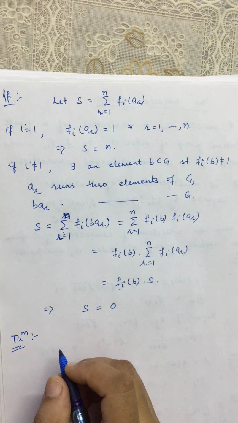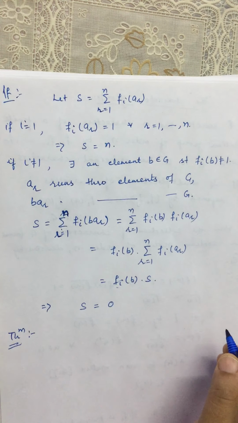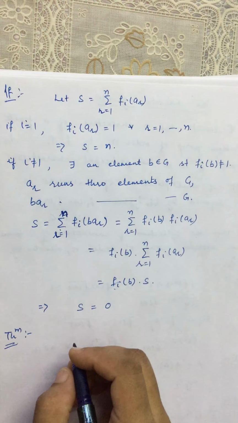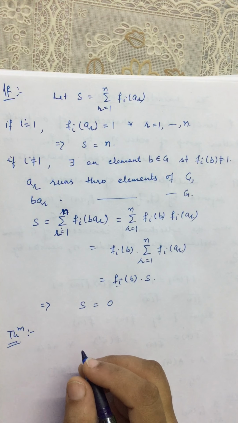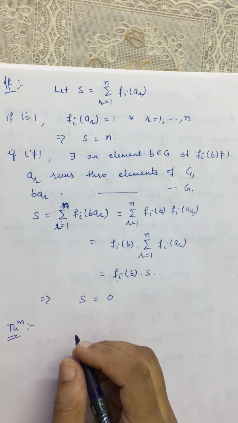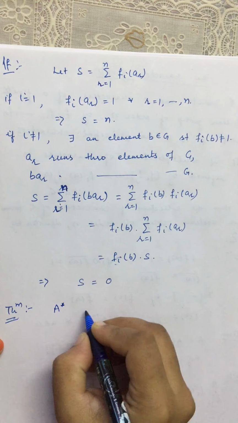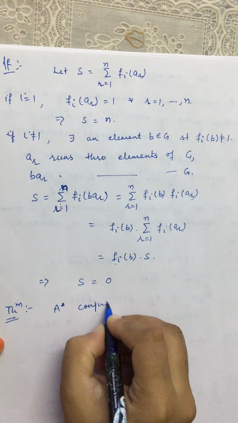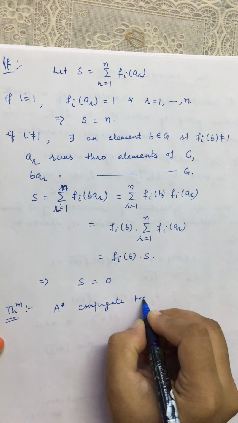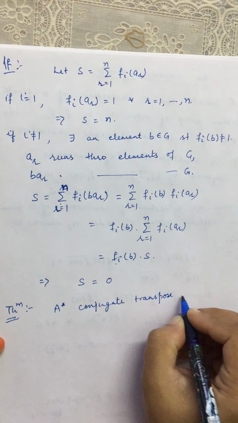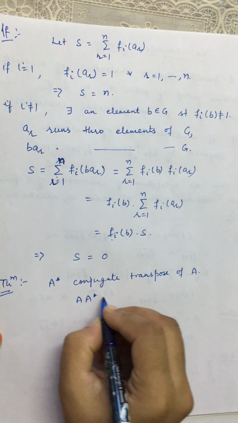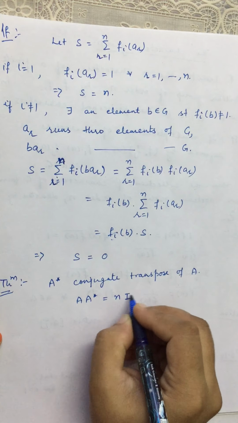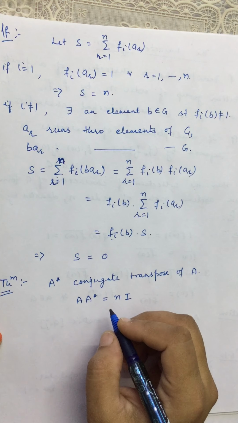Let A star denote the conjugate transpose of the matrix A. Conjugate transpose means taking the transpose and then the conjugate of all the elements of A. We get a new matrix which is called the conjugate transpose of the given matrix A. Then we have A into A star is n into I, where I is the n by n identity matrix.